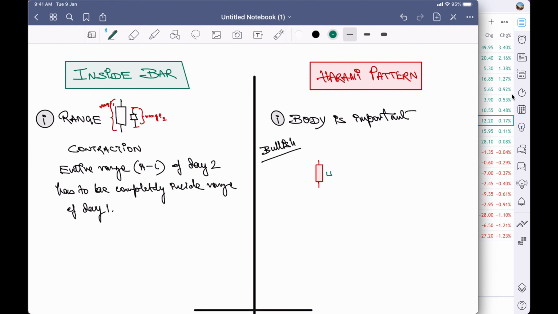The second bar has to be positive, like this. For the bearish Harami pattern, the first bar has to be bullish and the second bar has to be bearish. So first and foremost, the color is important.